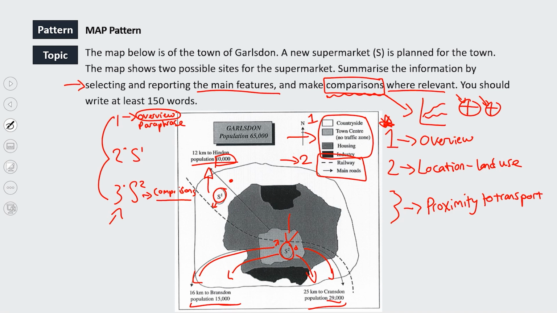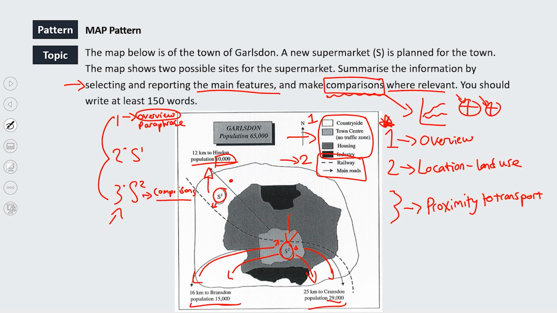Okay, it's deceptively easy, Task 1, because you think, oh, I just need to describe the information. And it's true that you don't need to have an opinion, you don't need to have an argument, but you do need to think carefully about how you're describing the information to show a higher level of thinking.